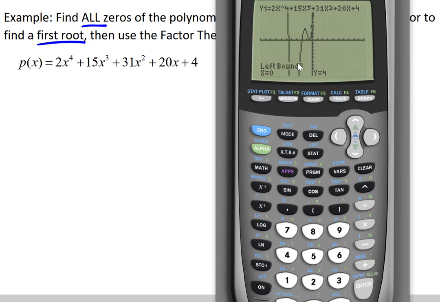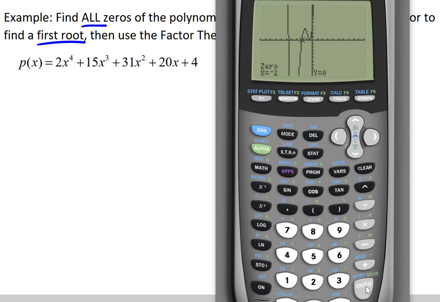The first question asks left bound, so we scroll with the left arrow until our cursor is clearly to the left of where that zero is, and hit enter. Then we want a right bound, so we back up past the zero to the right, hit enter. Then it wants a guess, so go back close to where the axis is. It won't possibly hit right on the axis with the cursor, but close to it, hit enter.